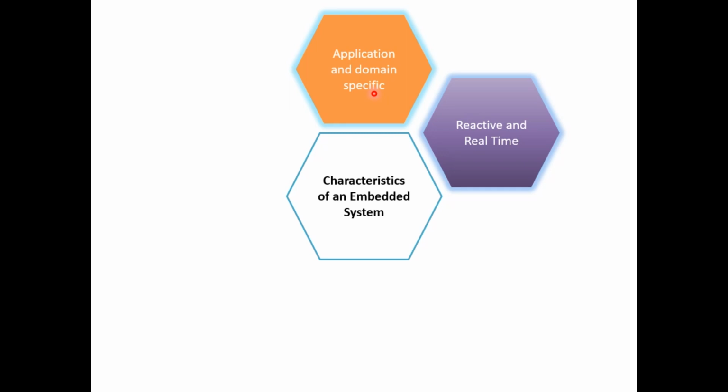So we say embedded systems should be reactive systems. It should react to the event happening in the environment then and there. That's why I say it should be real time also.